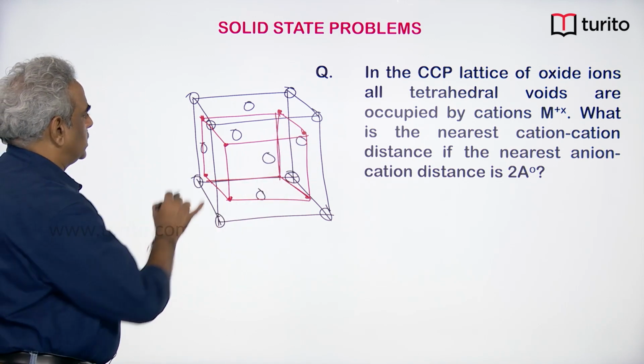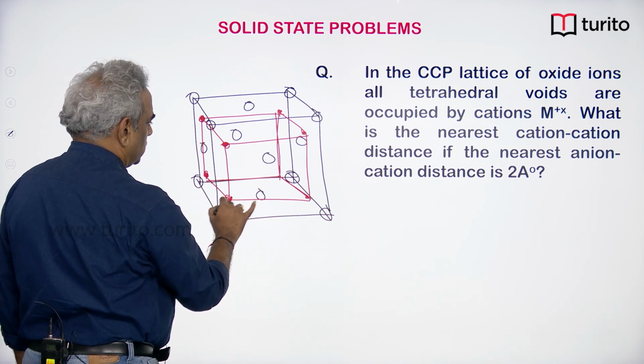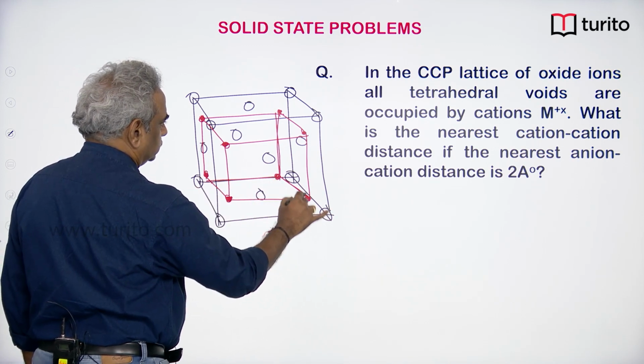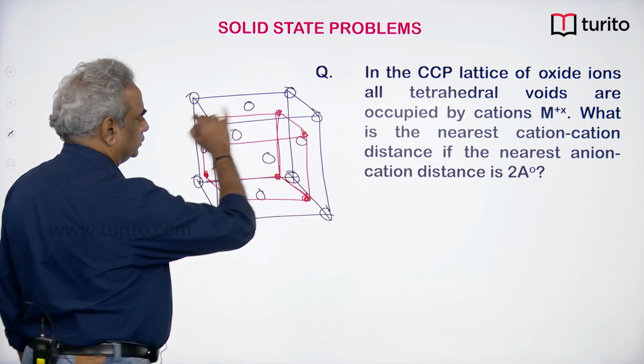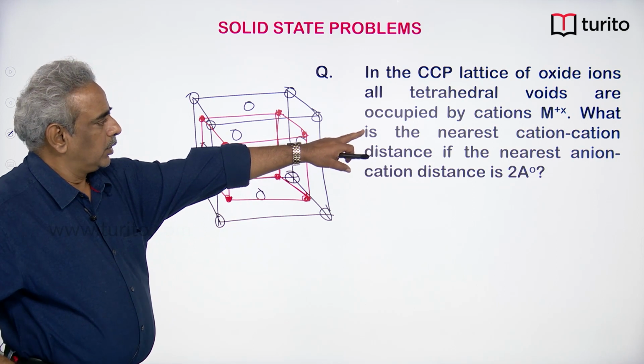See, all are tetrahedral voids. These are all what? Cations.